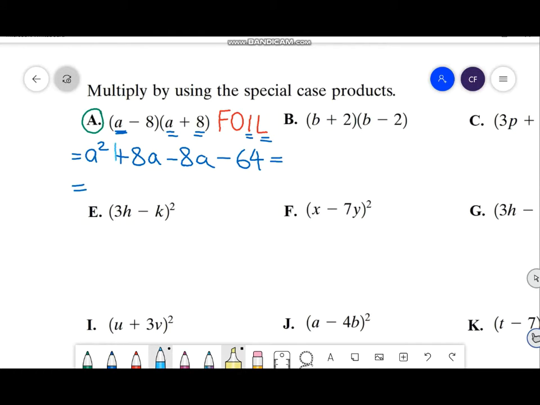But this is going to happen every time when you have this situation. The inner and the outer are going to be simplified. You simplify inner and outer, you have just first and last. You have a squared minus 64. This is the right answer. Kalia is right.